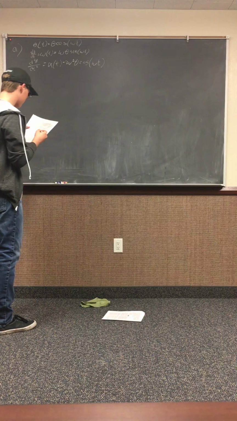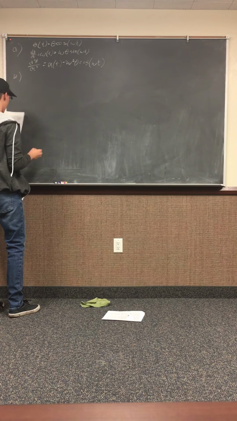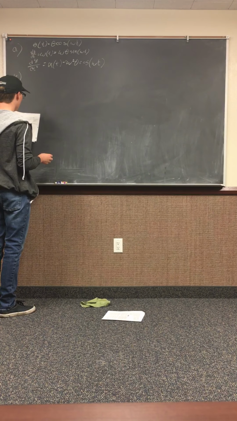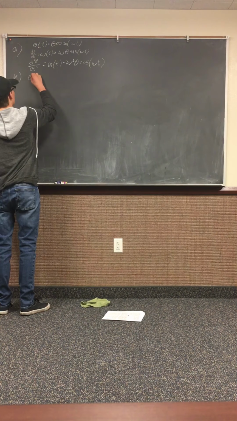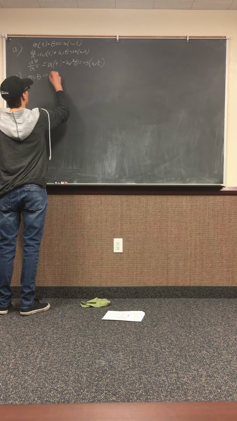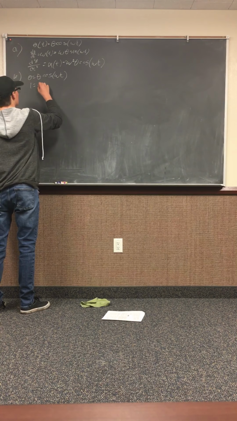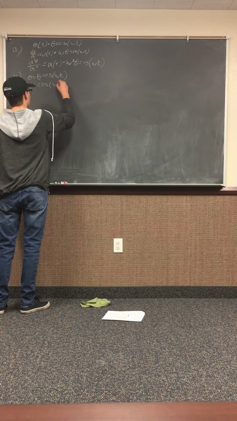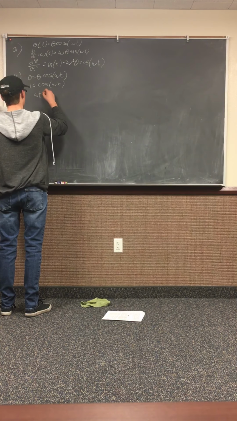So then, for part B, for theta equals theta cosine of wt, 1 equals cosine of wt, and wt equals 0.